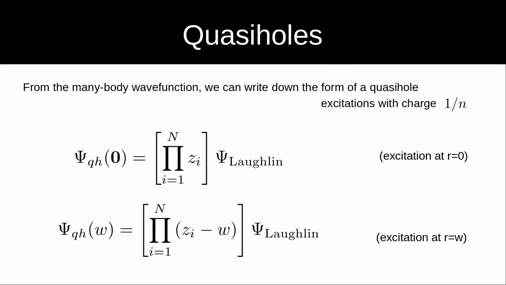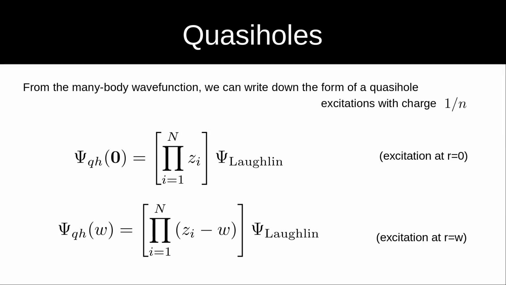The reason is that when you multiply by z, you are essentially pushing charge towards the outside, just from the fact that the different Landau levels had a charge density that scaled with m. So when you add z, you are essentially just moving the charge outside the origin. And of course, you could create a quasi-hole at a certain location w by multiplying by z_i minus w.